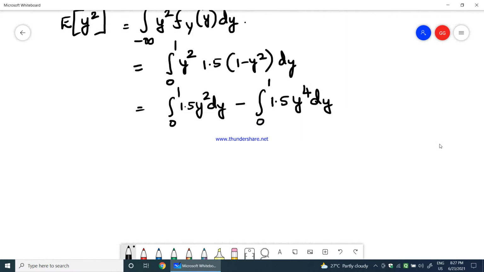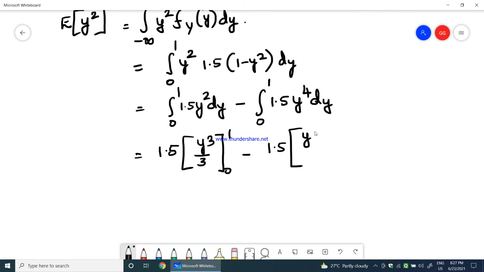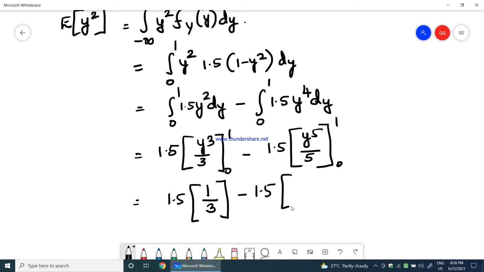So if you integrate y square, I will be getting y cube by 3 with the limit 0 to 1, minus 1.5 into y to the power of 5 by 5, because y to the power of 4 will give you y to the power of 5 after integration, with the limit 0 to 1. So this is equal to 1.5 times 1 by 3 minus 1.5 times 1 by 5.